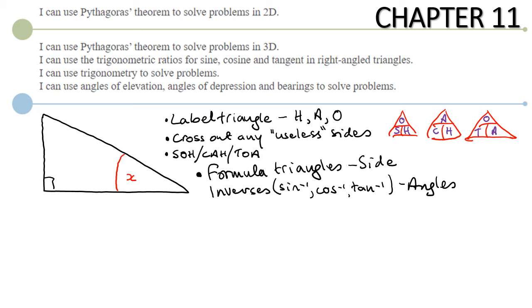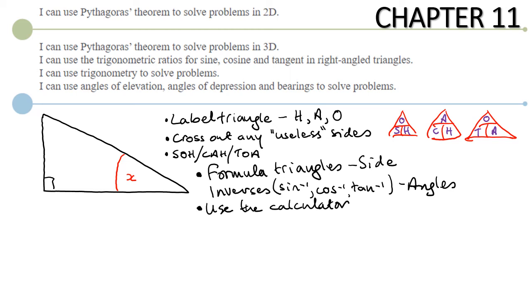When you've got one thing above the other, you divide. And then once you've used your formula triangle or done the inverse, the last step is just to calculate your answer. So the last step is normally I use the calculator to get the final answer and then round to an appropriate level of accuracy. They normally say 3 significant figures, something like that.